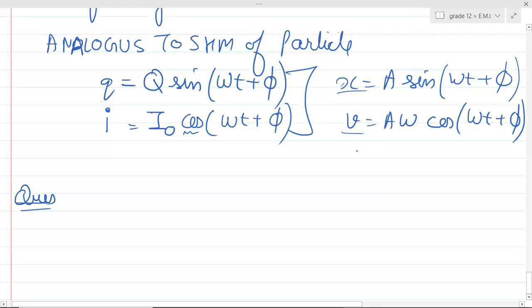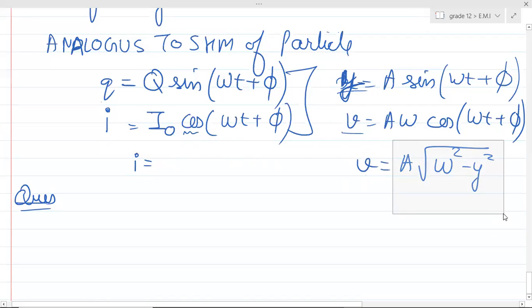Acha, there was one more relation of velocity with this thing, no? Anyone remembers this relation with velocity and displacement? ये याद है क्या आपको? So the same omega relation: v equals omega under root of a square minus x square. Sorry, my bad.